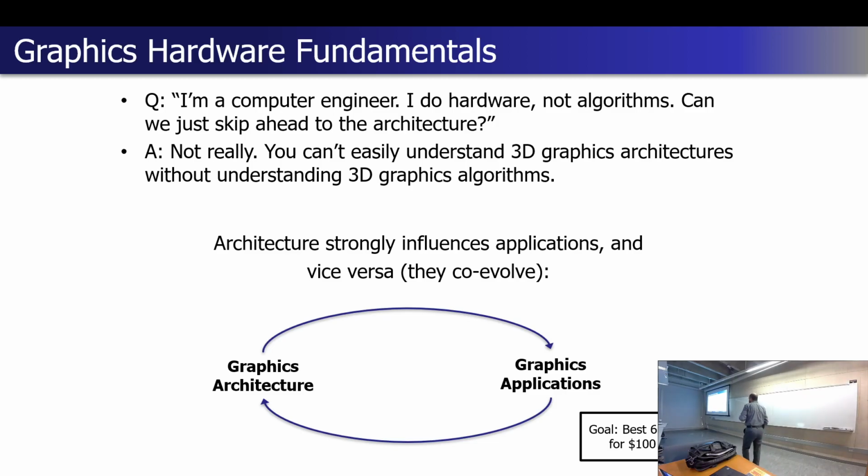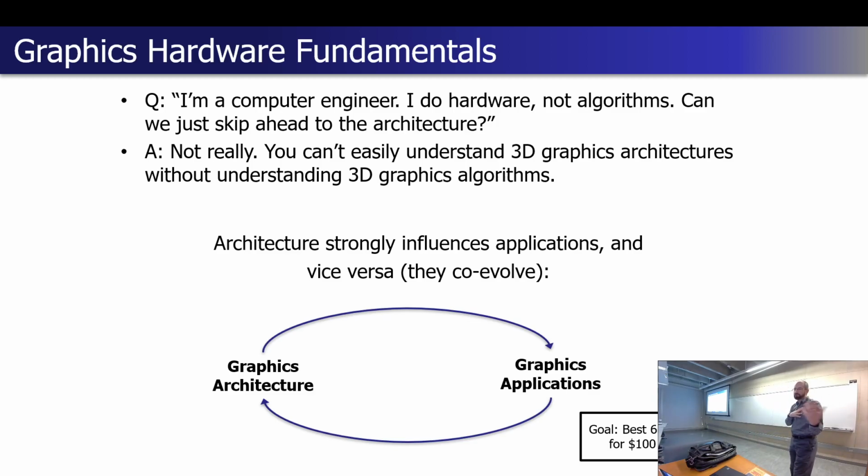I don't think you can easily understand 3D graphics architectures without understanding the 3D graphics algorithms. And while some courses do attempt to teach algorithms without the underlying hardware, I don't think you can truly understand the evolution of those algorithms without also understanding the underlying graphics architectures, because they very much co-evolve.